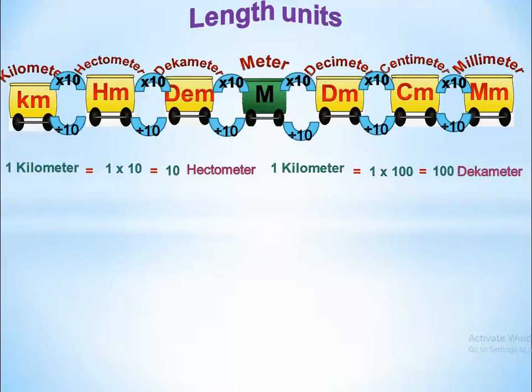Okay, 1 kilometer equal how many meter? Okay, let's see how many zeros. 1, 2, 3. So we are going to multiply by 1000. So 1 kilometer equal 1 times 1000 equal 1000 meter.